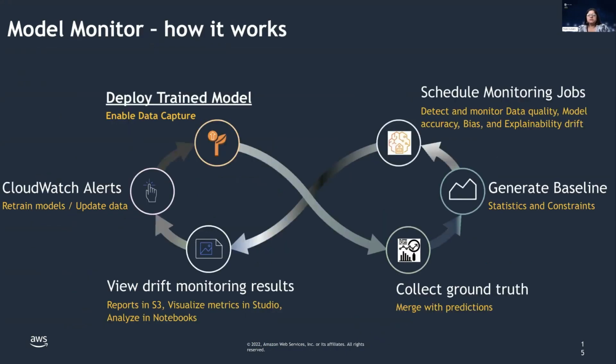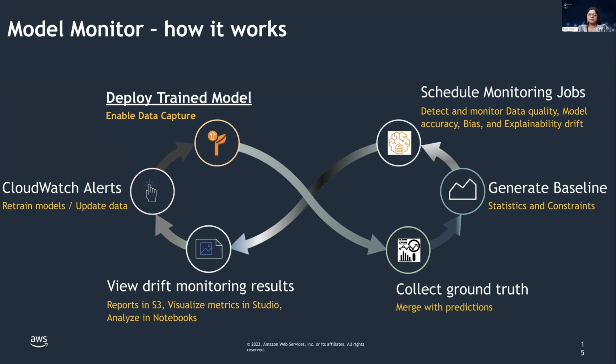Okay, so this is typically the life cycle of model monitoring. What we are going to do is we need a model that is deployed, of course, which is deployed in production, and we need to enable the data capture. Now, this data capture is in two ways.